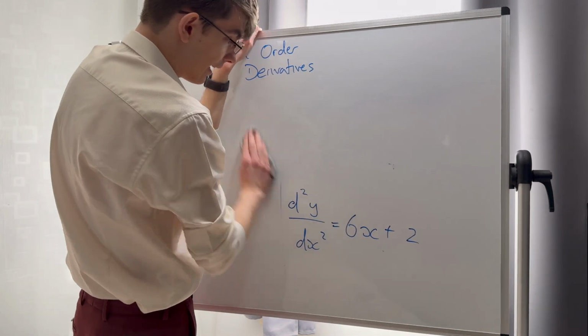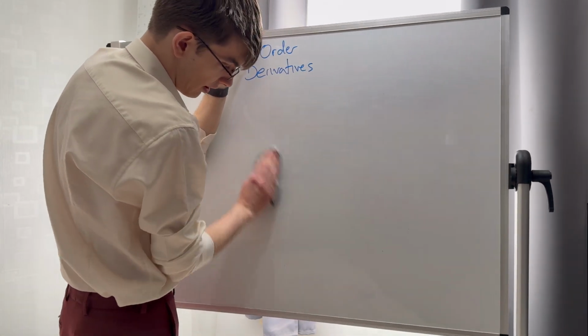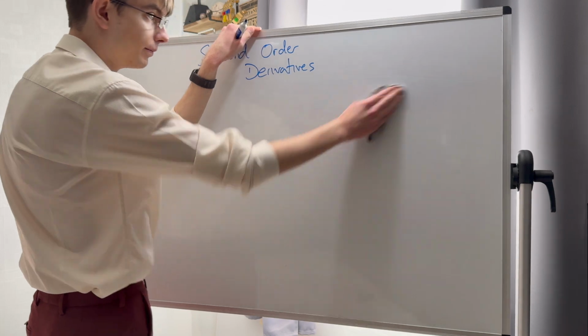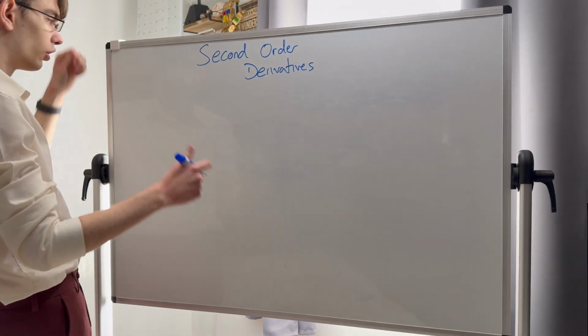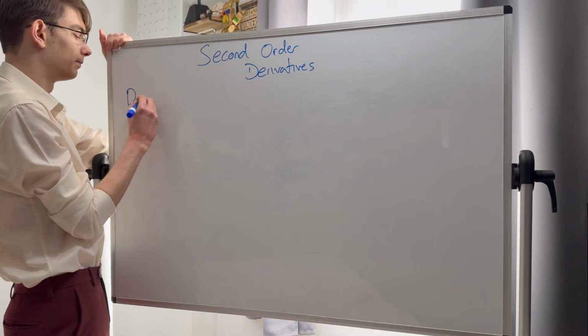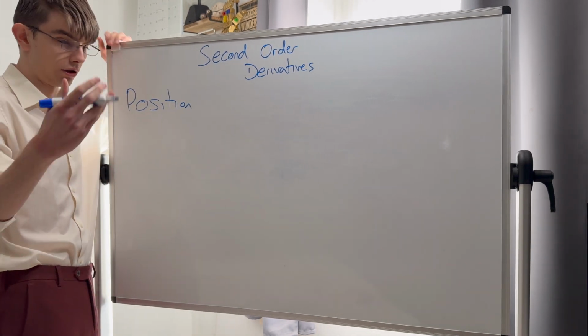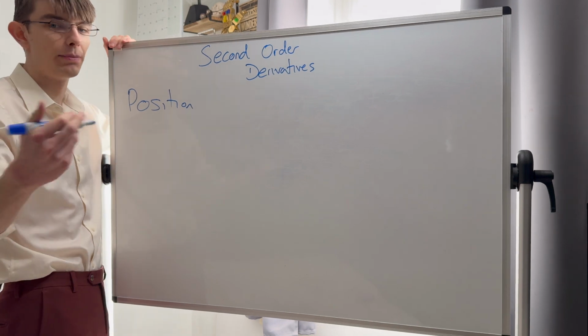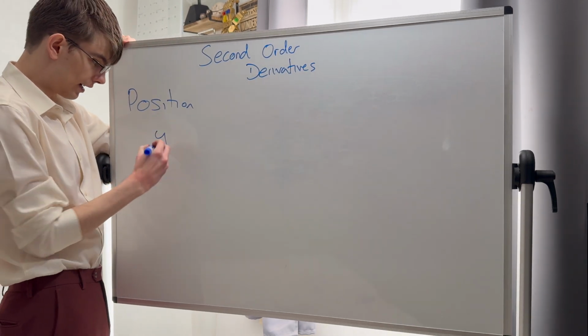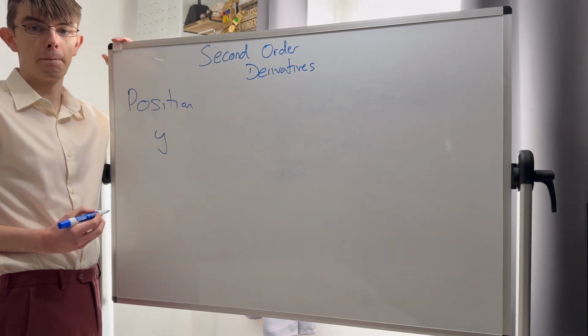is in mechanics, or if you like, just in everyday life of things moving, everything has a position, right? A set of coordinates, how far away something is. It has a position. And let's say my position is y.